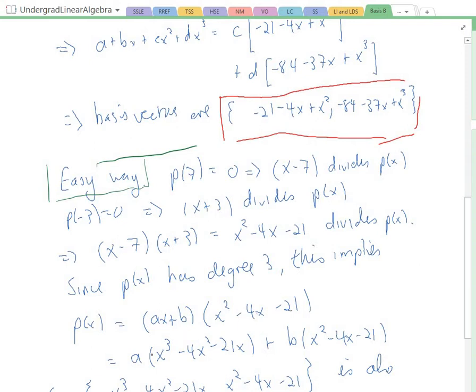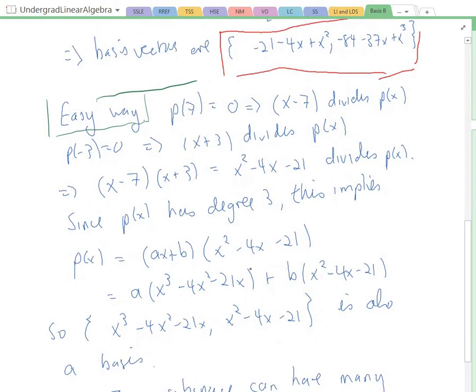Right. So I can write that as a times x times this plus b times this polynomial. That's a linear combination. These two are also evidently linearly independent, because the only way to make this combination 0 is to make a equal 0 because of the x cubed term, and to make b equal 0 if a equals 0. So this is a different basis.